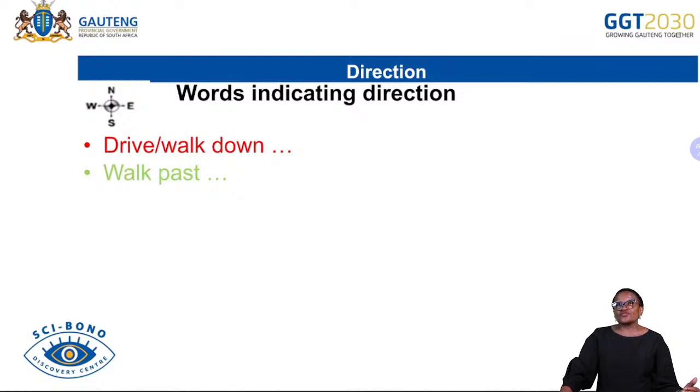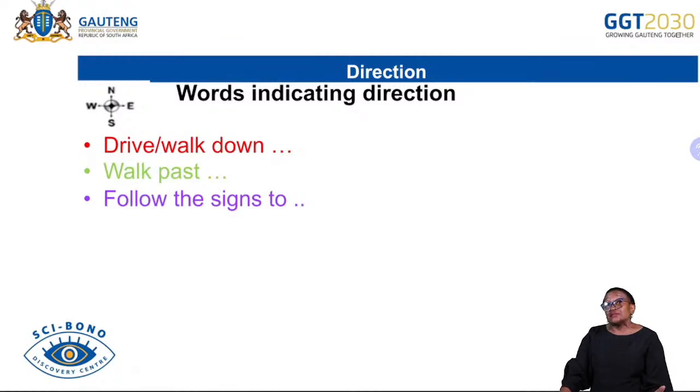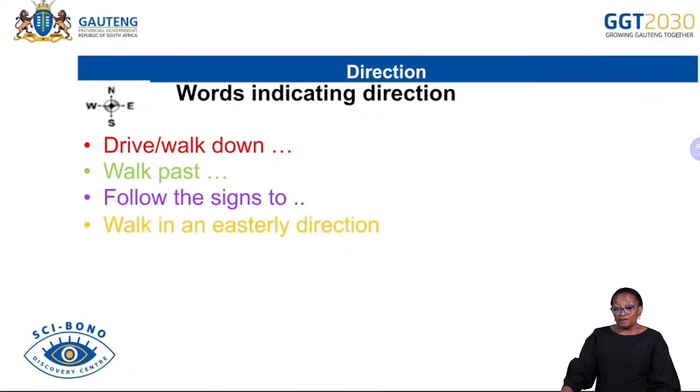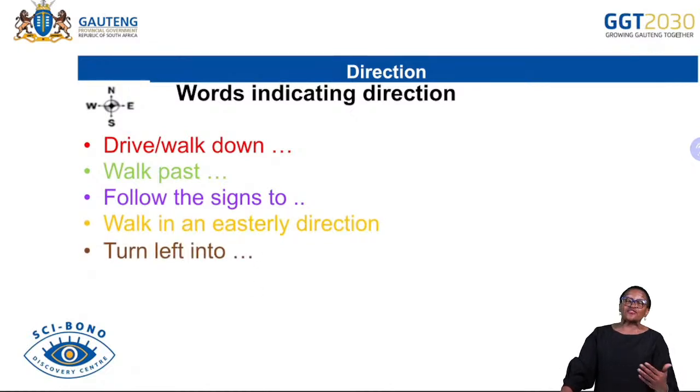You walk past a hospital on your left-hand side. Follow the signs to McDonald's, or any other landmark that you can use. Walk in an easterly direction. You turn left into whatever street.